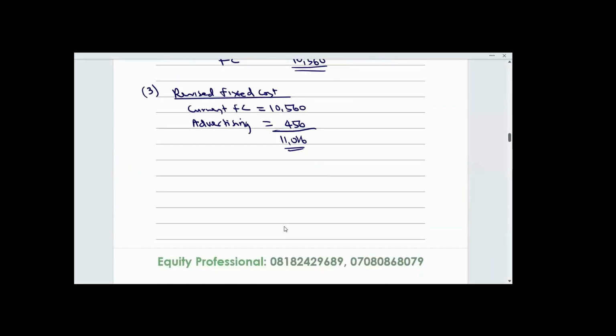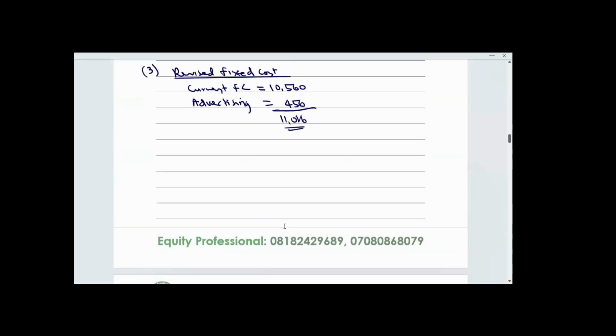Working number 4. I want to calculate revised sales for product B. You know, sales is selling price multiplied by the units sold. Therefore, you need to first of all determine the units sold. What's the current unit sold for product B? Once you have the units sold, you now multiply with this new selling price of 160 naira. So working number 4.